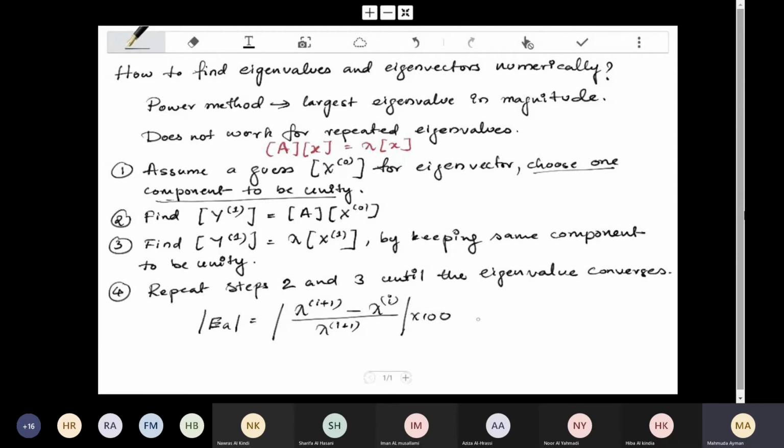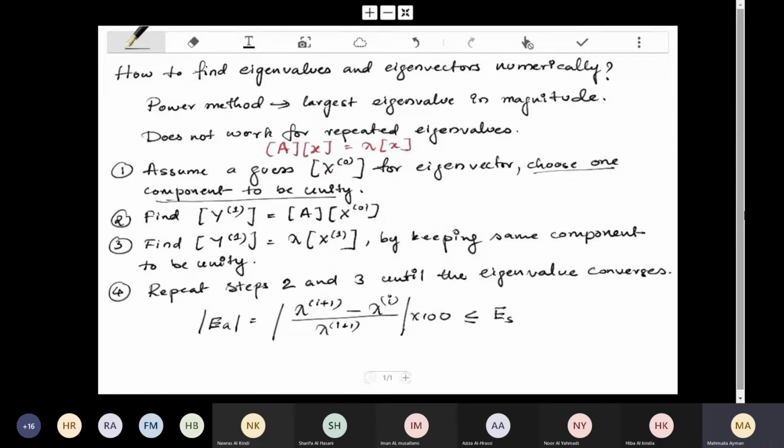You do this until this is less than or equal to a pre-specified tolerance, ES. A tolerance will be given to you, let's say 5% or 0.5%, and until that tolerance you keep doing steps 2 and 3 to get the largest eigenvalue and the eigenvector related to it.